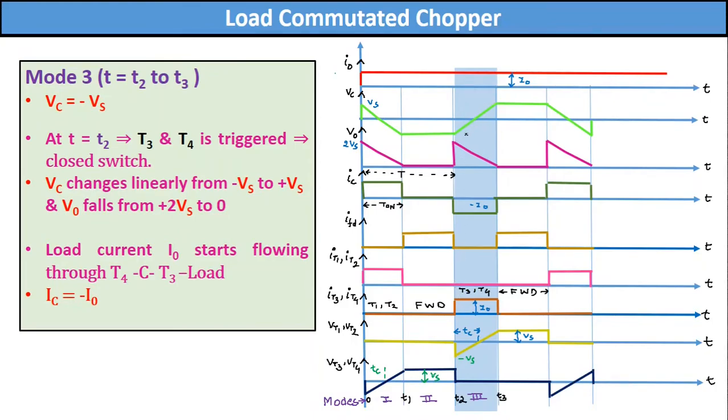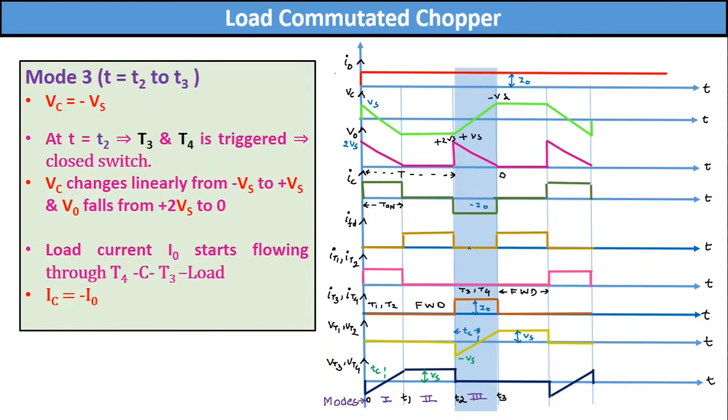So here you can see the voltage across the capacitor is changing from plus Vs to minus Vs. As this voltage is changing from plus Vs to minus Vs, the voltage across the load is changing from plus 2Vs to 0. Now the capacitor current will be equal to minus of the load current because of the change in polarity in this mode of operation as compared to mode 1 operation.